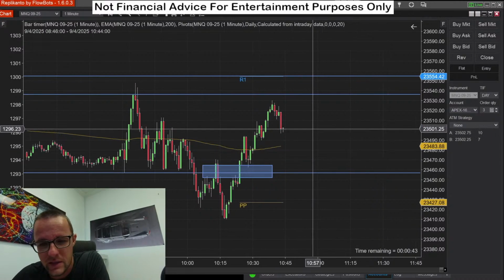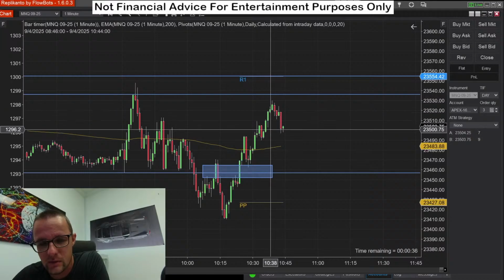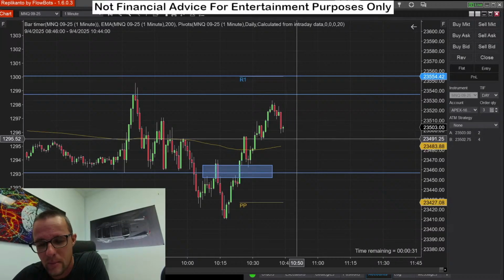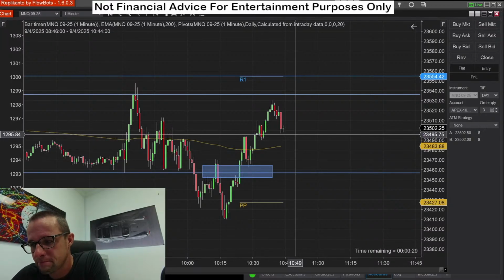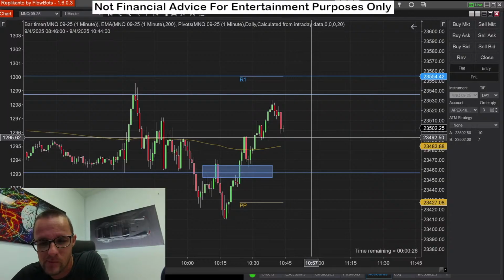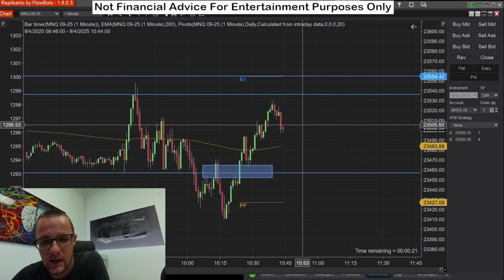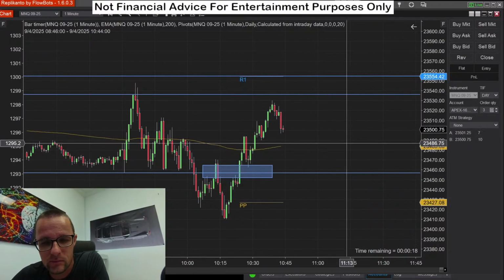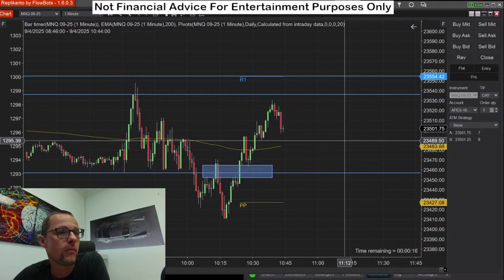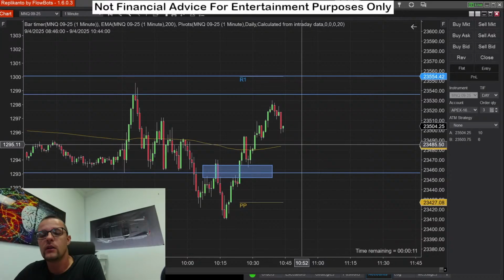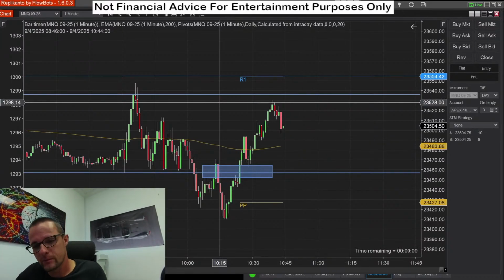Or is it just filling these imbalances? These two imbalances could be filling it to go higher. But this is an area I would say I kind of want to stay out of. We're pushing to VWAP. That's the thing, you could get a bounce from here.